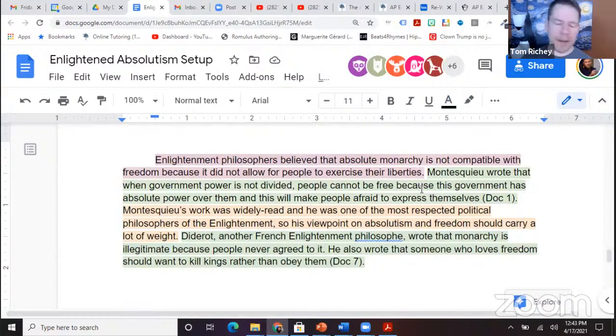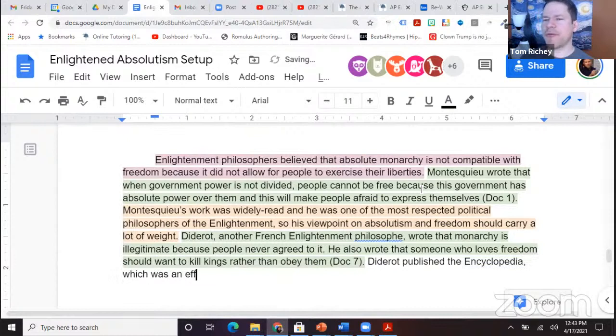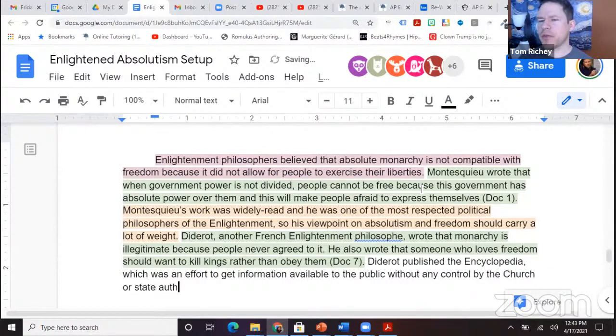Now, I'm also going to provide a bit of historical context here, where we're going to note that Diderot published the Encyclopedia, which was an effort to get information available to the public without any control by the church or state authorities.